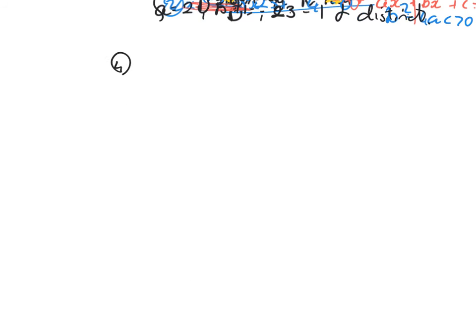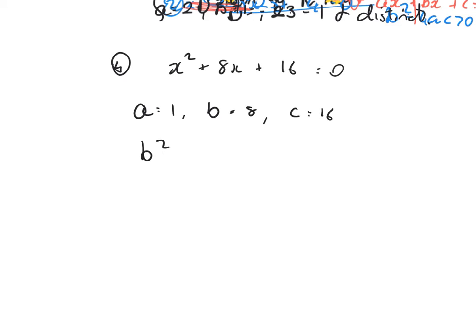Okay, let's try an example 4. We're going to calculate the discriminant and state the nature of the roots for x squared plus 8x plus 16. So a equals 1, b equals 8, c equals 16. b squared minus 4ac.